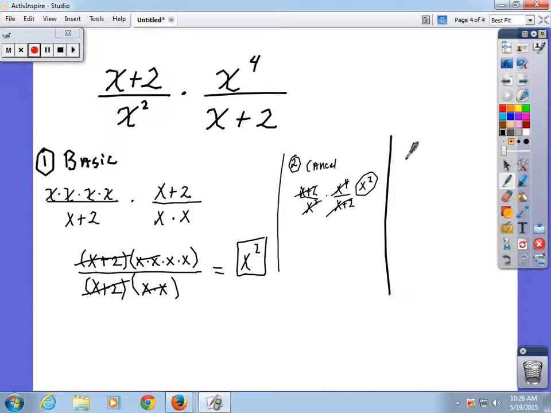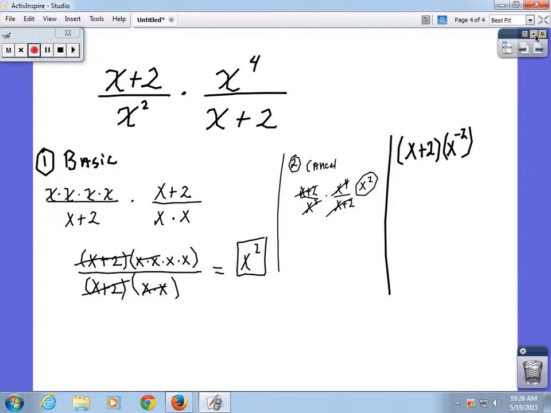Let's see, x plus 2 times x to the negative 2 times x to the 4th times x plus 2 to the negative 1. Use your quotient rule and bring everything up to the top.